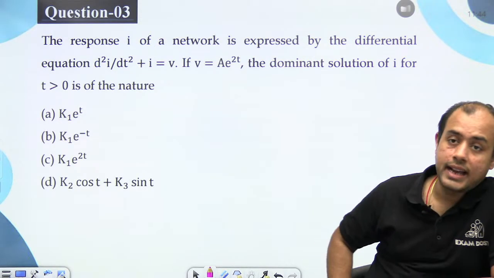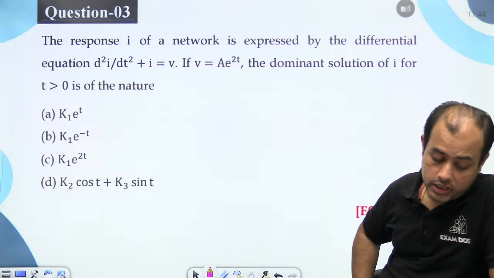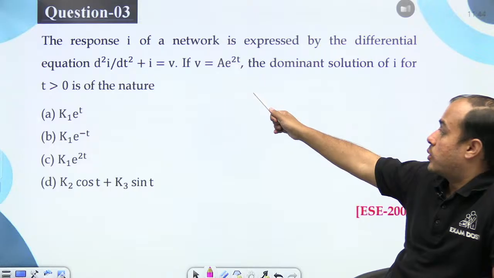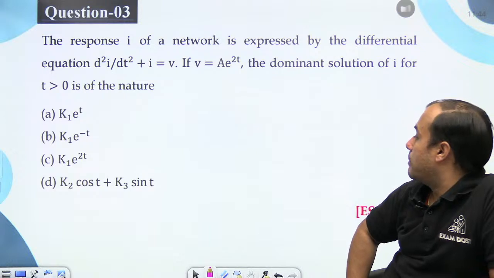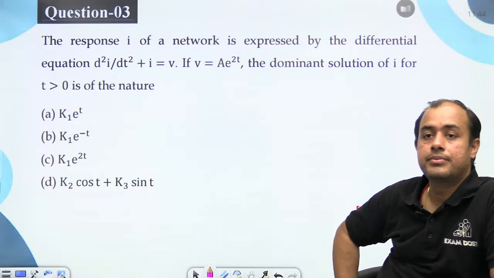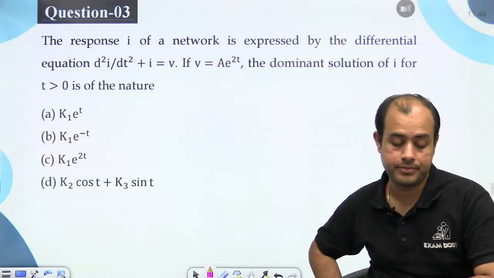The response I, again ESE 2001. The response I of a network is expressed by the differential equation, where V is A e to the power 2t. How does the dominant solution look like?